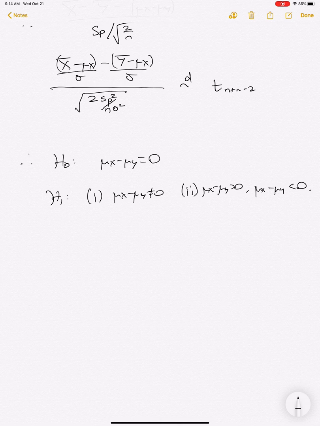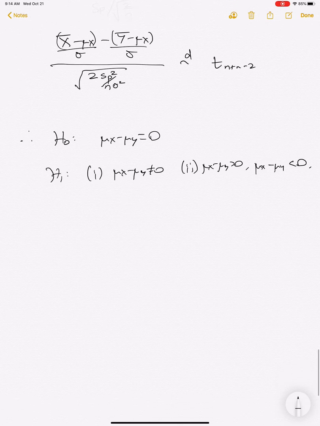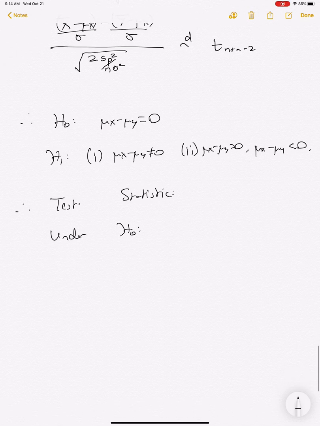So you can see then that the test statistic, under h naught, we have that t is equal to x bar minus y bar.